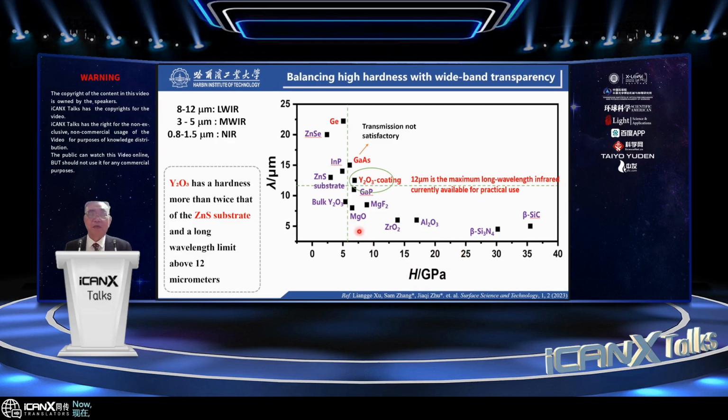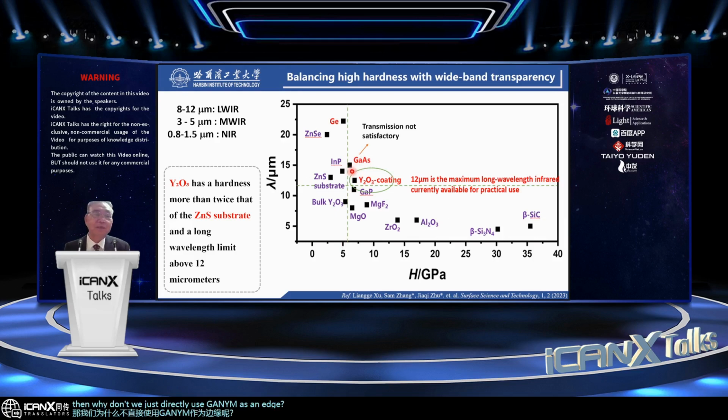Now, in this space, we notice that lambda equals 12 micron is the maximum long wavelength in infrared currently available for practical use. And this is gallium arsenide. Since we want to increase lambda, and the hardness of gallium arsenide is also good, then why don't we just directly use gallium arsenide?